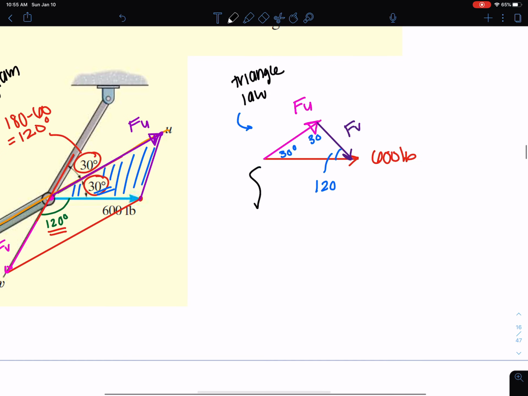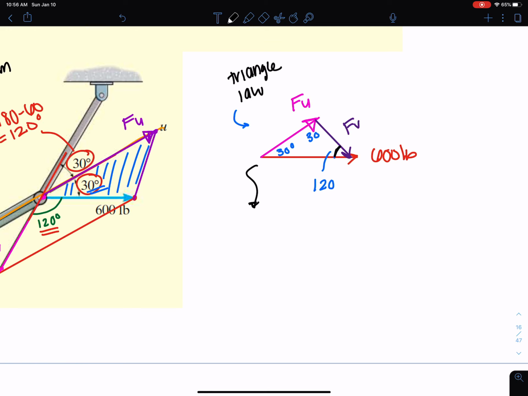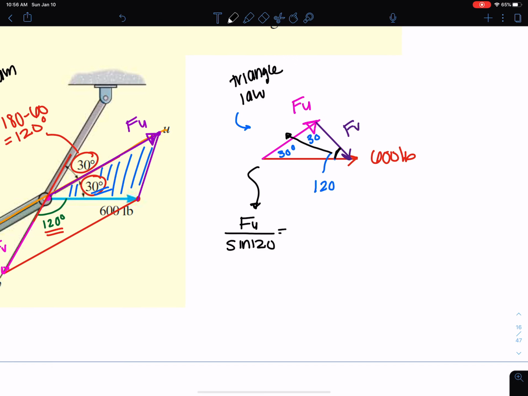If I look at this triangle, the law of sines tells me that the sine of an angle corresponds to the opposite magnitude. So I would say that F sub u is to sine of 120 as the 600 is to sine of this 30 here.